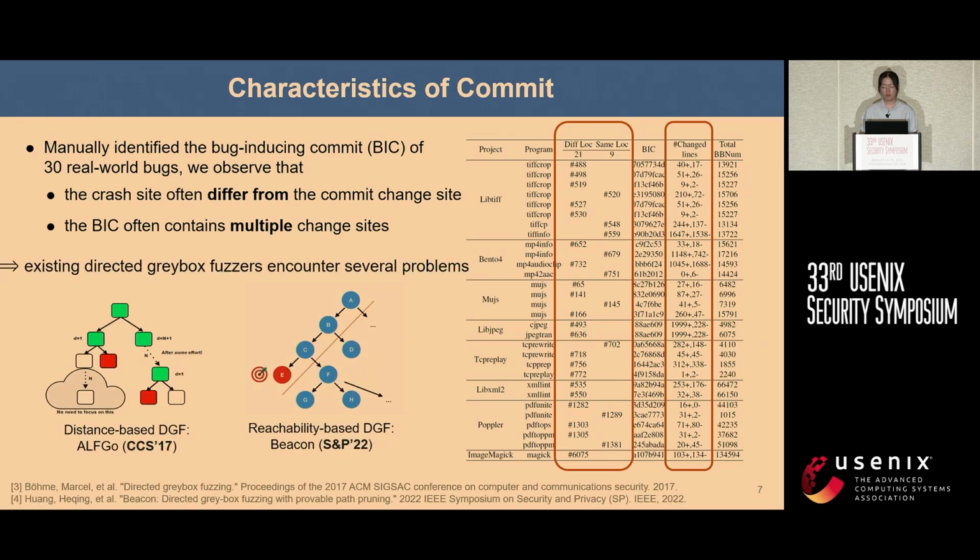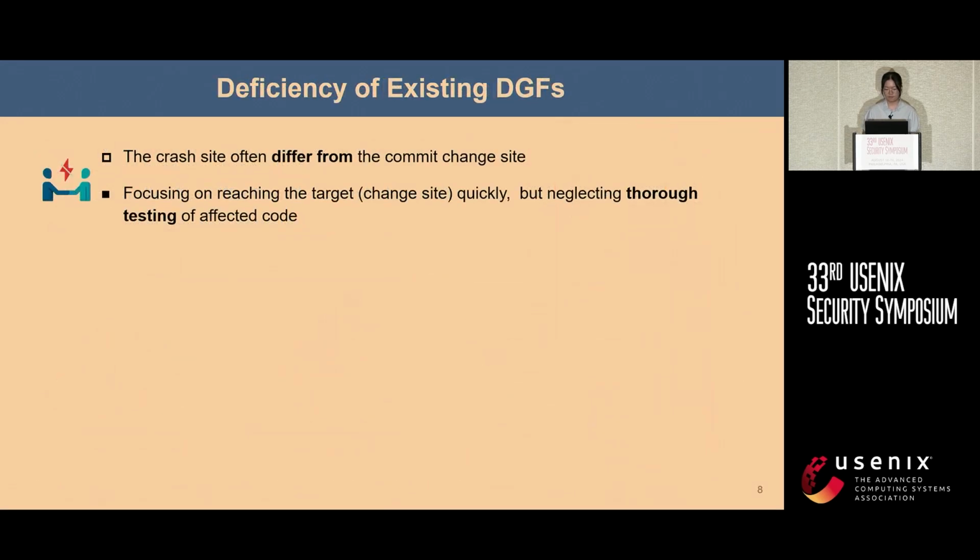It is straightforward for us to resort to directed fuzzing to solve targeted testing questions. And while there are some directed fuzzing works, including distance-based AFLGo and reachability-based Beacon, that have shown great effectiveness in bug discovery, they still encounter several problems under the commit testing scenario.